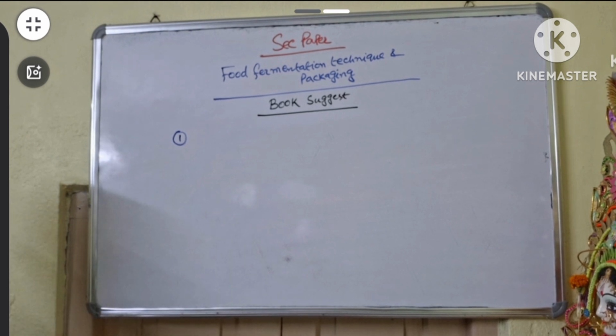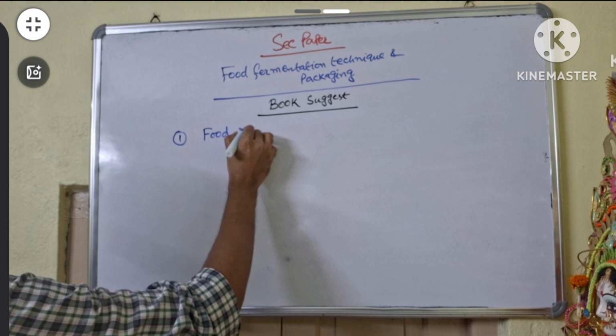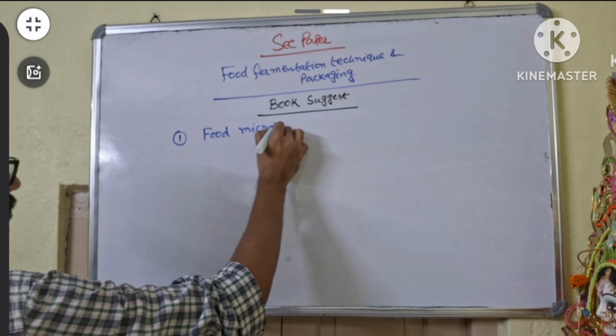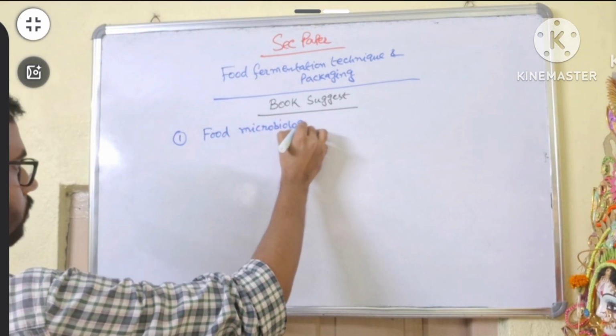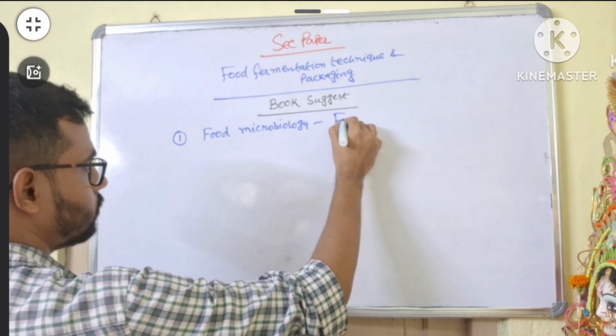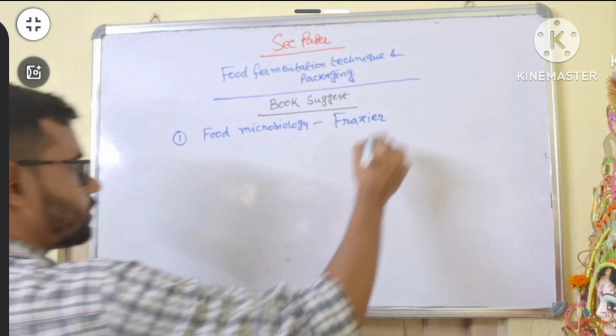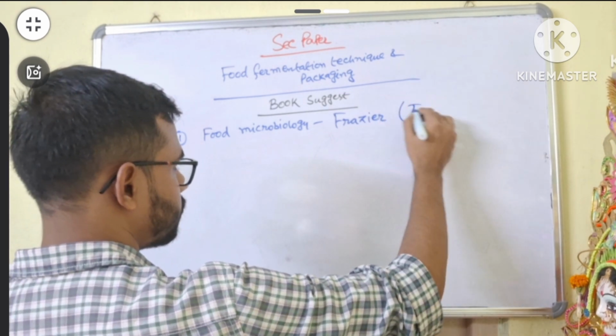But two books are better for this paper. Number one, Food Microbiology. You can purchase this book. Food Microbiology by Frazier, published by Tata McGraw Hill.